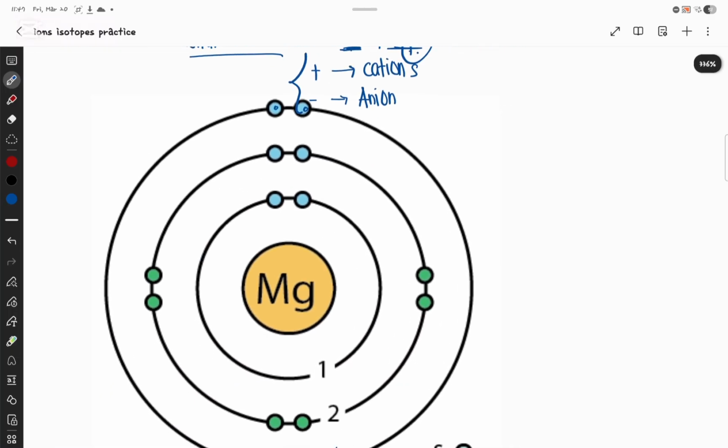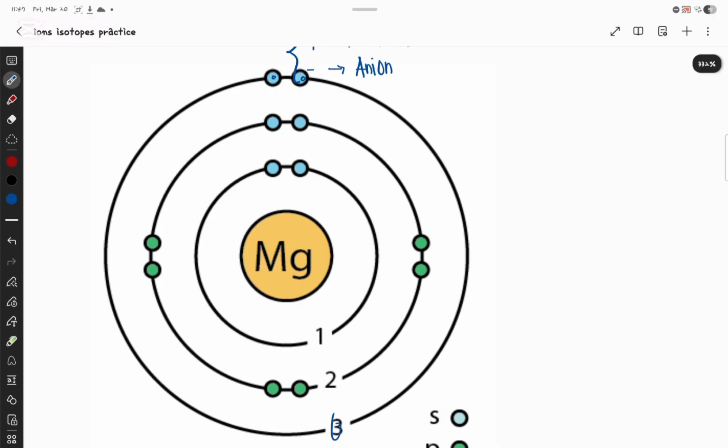It would choose: is it more favorable to gain 6 more to have 8 valence shell electrons, or to lose 2 electrons and have your valence shell be this one, number 2? Number 2 is actually already full, right? 1, 2, 3, 4, 5, 6, 7, 8. It already has 8 valence shell electrons.